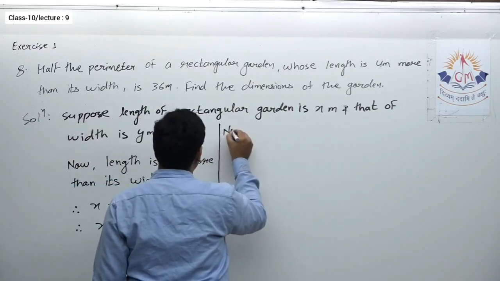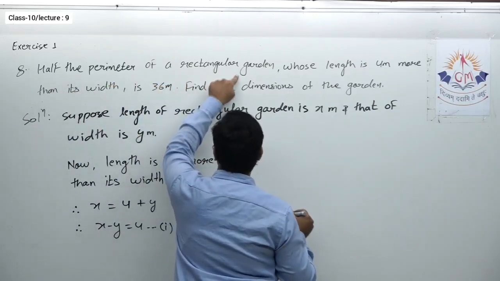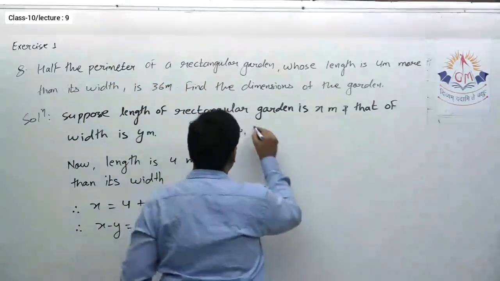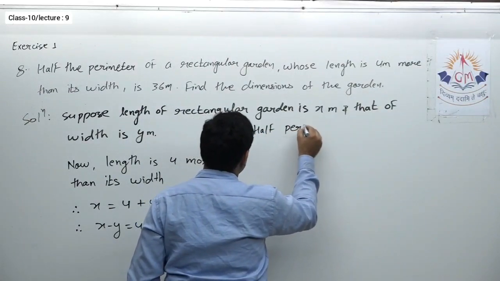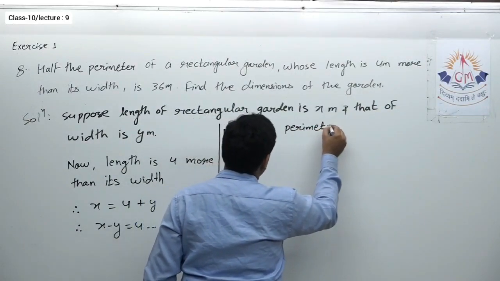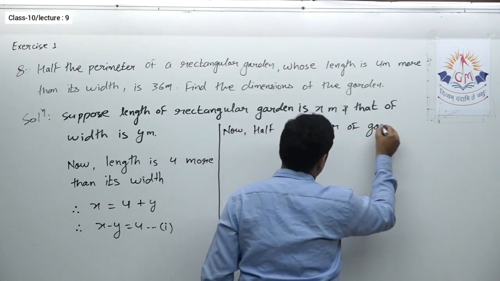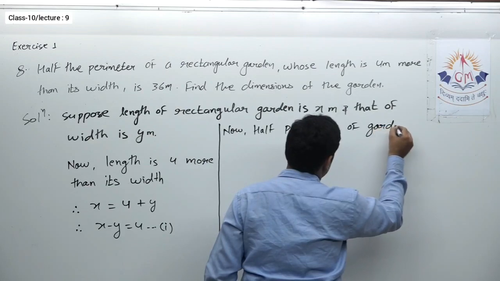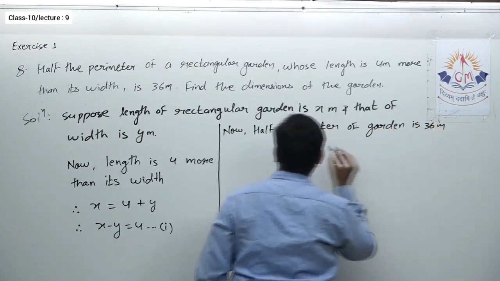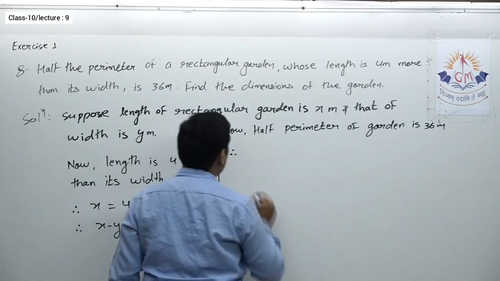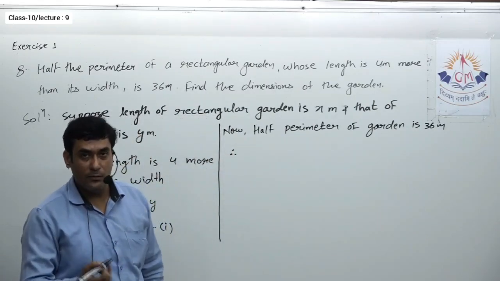Now the second equation. It is given half the perimeter of that garden is 36 meter. Now the perimeter of a rectangle is twice of length plus width.